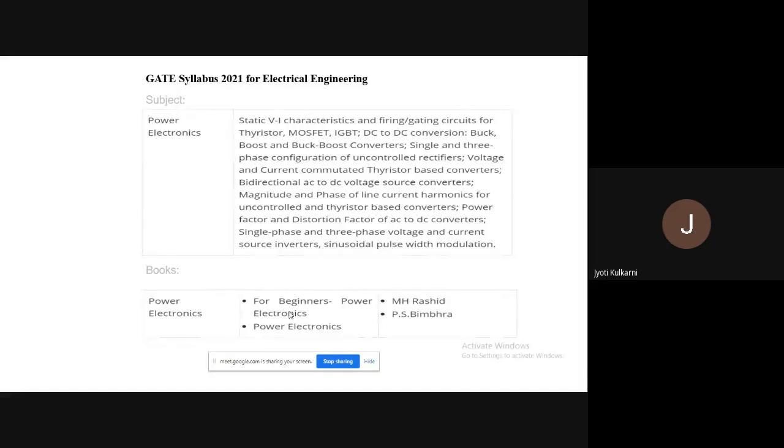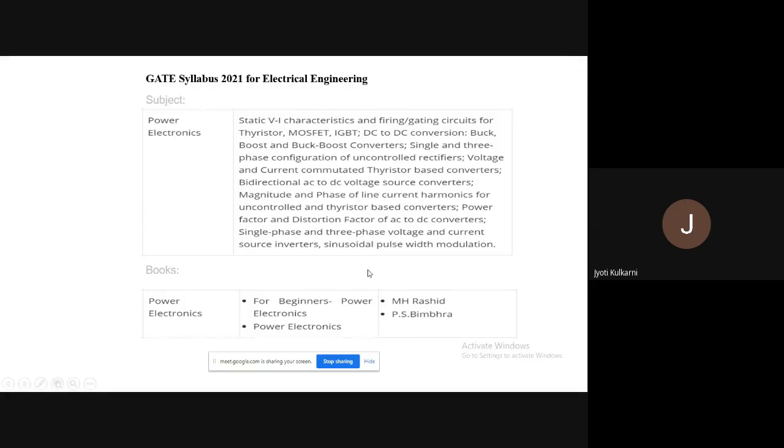If you are regular students, not direct second year students, who have some base of power electronics, and you have not studied power electronics in detail in your third year, you can even start with P.S. Bimbhra, which is very comfortable to understand because the language is so easy. Rashid may be difficult.